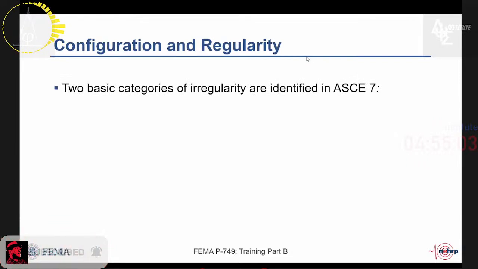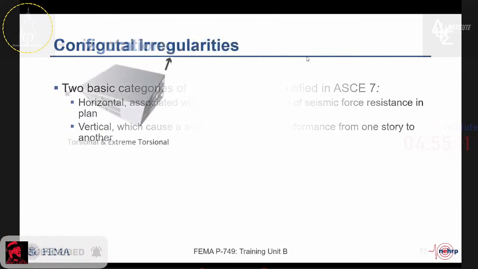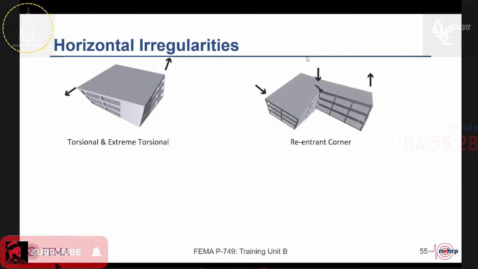ASCE7 recognizes basically two types of irregularities. These are called horizontal irregularities and vertical irregularities. Some examples of horizontal irregularities are torsion and extreme torsion, in which the structure tends to twist in addition to shaking back and forth due to mislocation of the structure's center of mass and center of rigidity.